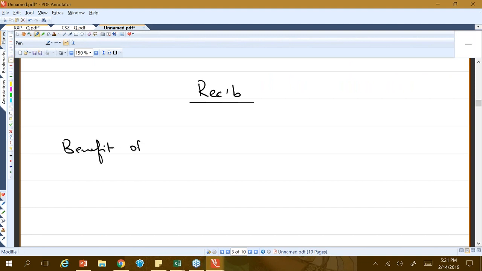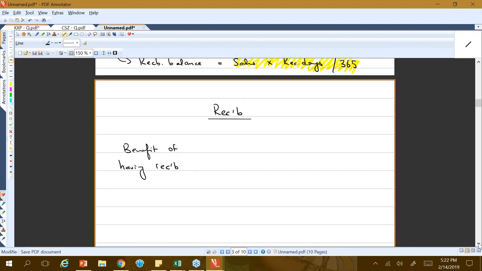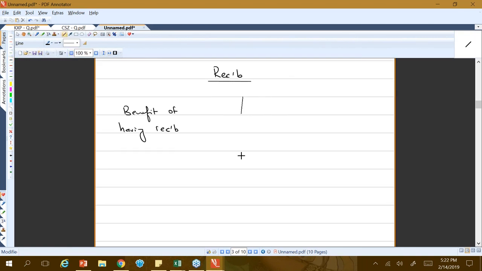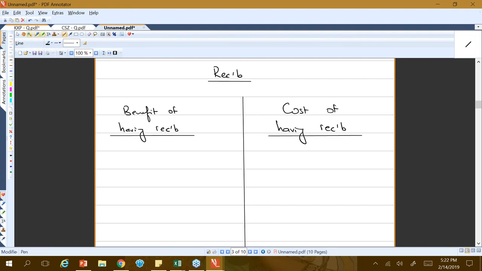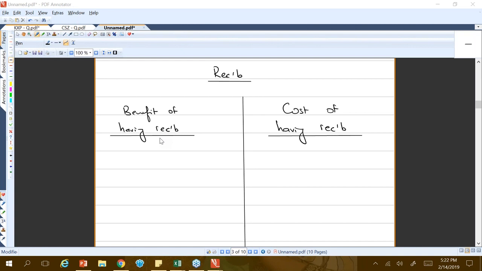And then what is the cost of having receivables? So first of all, I want to know from you, what do you think is a benefit to a business of having the receivables?